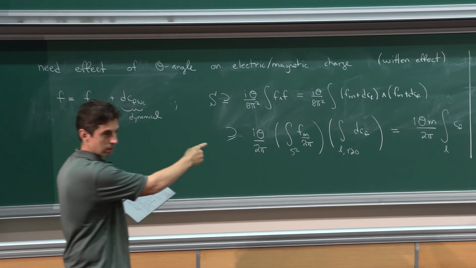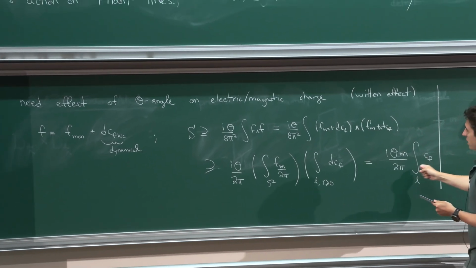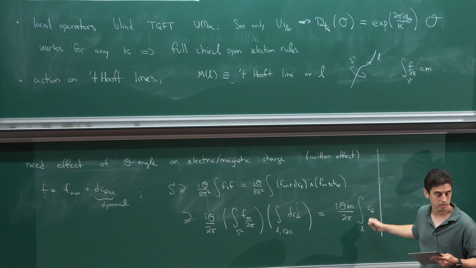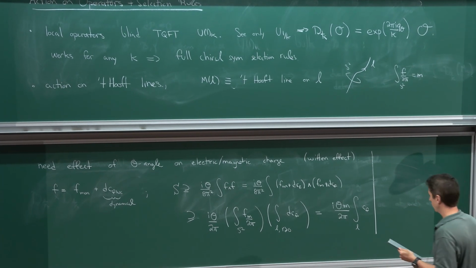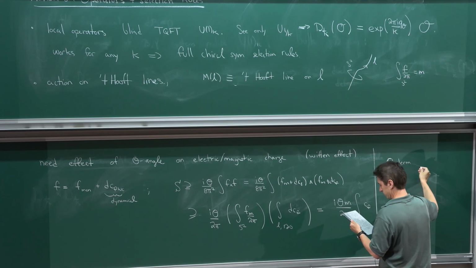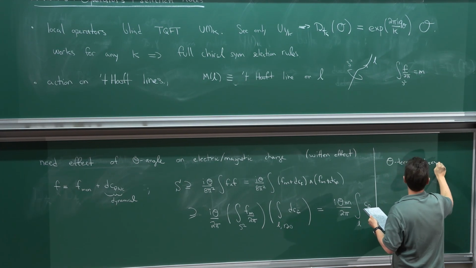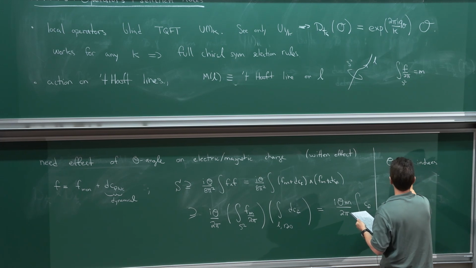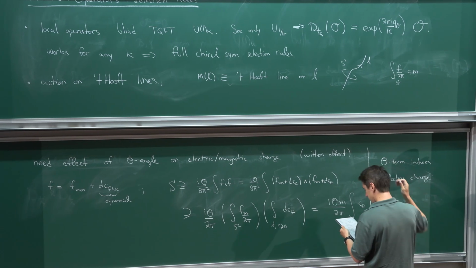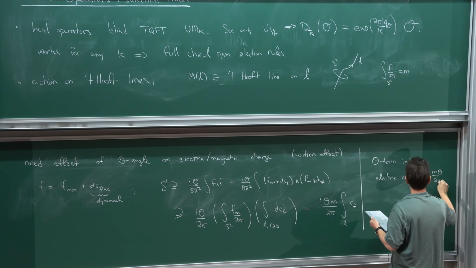And here you see it. We thought we were starting with something purely magnetic, but because of the theta term, there's a term that looks electric. That's the Witten effect. So the theta term induces an electric charge which is m theta over 2 pi.